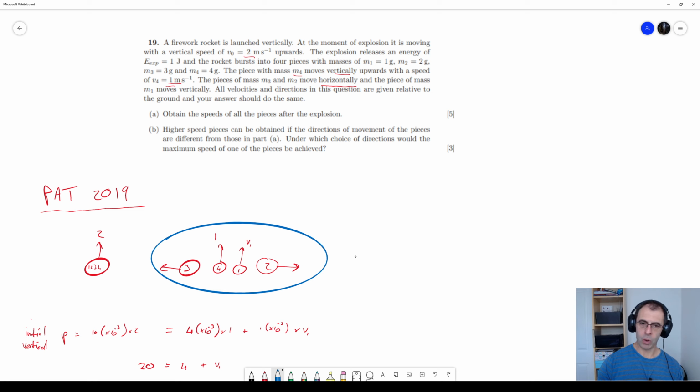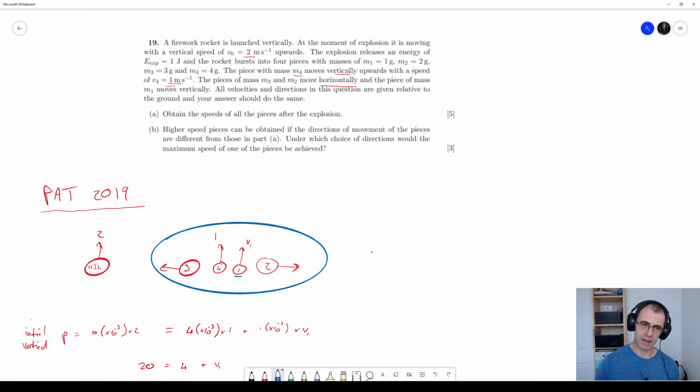So we want 1, 2, 3, 4 all to be traveling in the same straight line. If I also think about conservation of momentum, if I am having them all separate out into the same straight line, then what I want to achieve a maximum speed, the smallest object, the one with the least mass, is the one that can achieve the most speed.